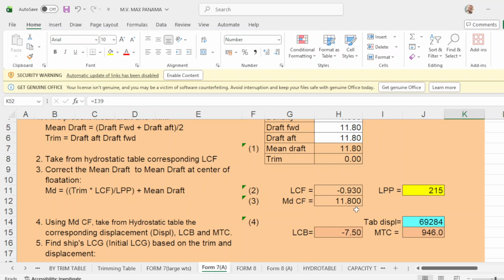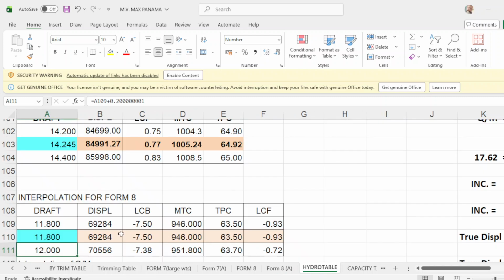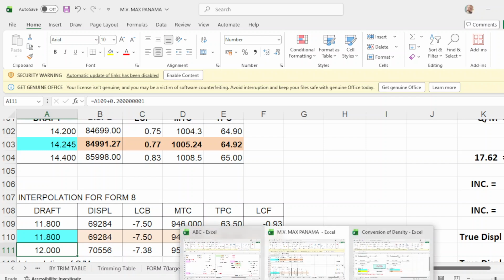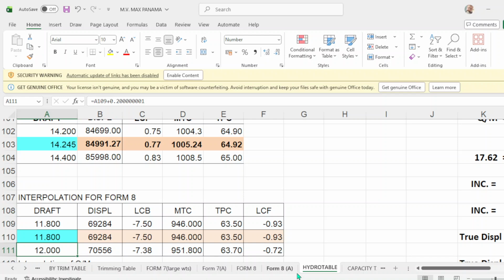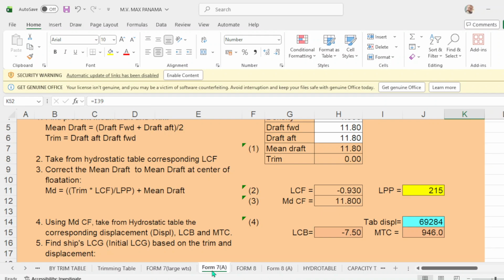With this 11.80, what will be the displacement, LCB, and MTC? Displacement is 69284.